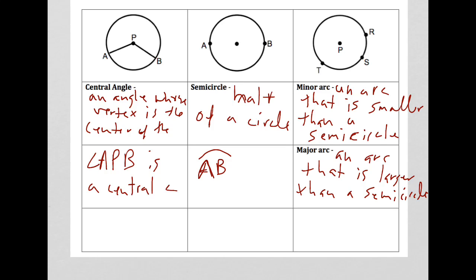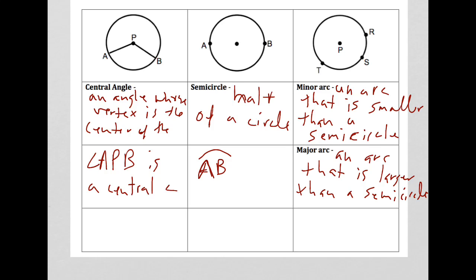So if you need to pause that, I still can't write, that's too bad. But now you might ask yourself, if I'm looking at RS, I could either go this way, this arc right here, or I could go all the way around here. And this one would be minor, since it's less than a semicircle. This one, on the other hand, would be major, because it's greater than a semicircle.